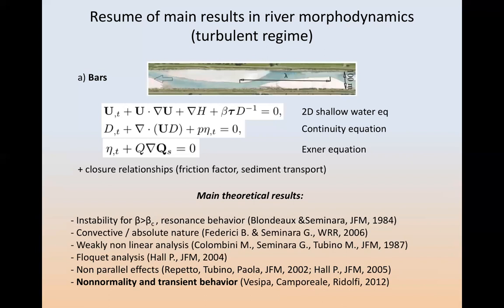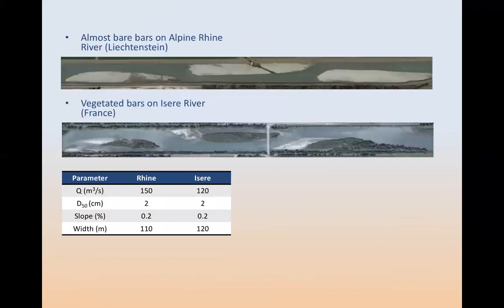Floquet analysis was made by Philip Hall, a member of your department. Non-parallel effects, non-normality, and transient behavior. But it is all very well established now, but I want to focus your attention now on a sort of progress in this direction.